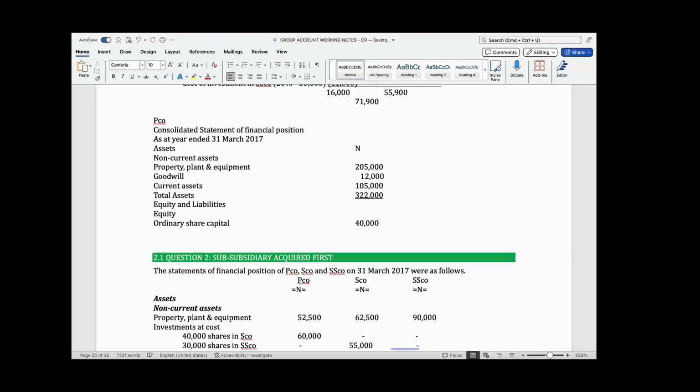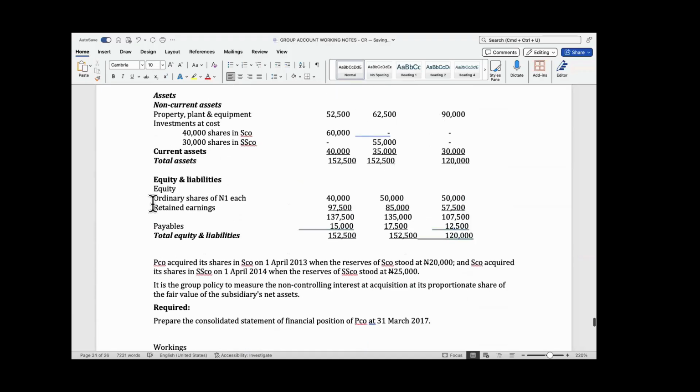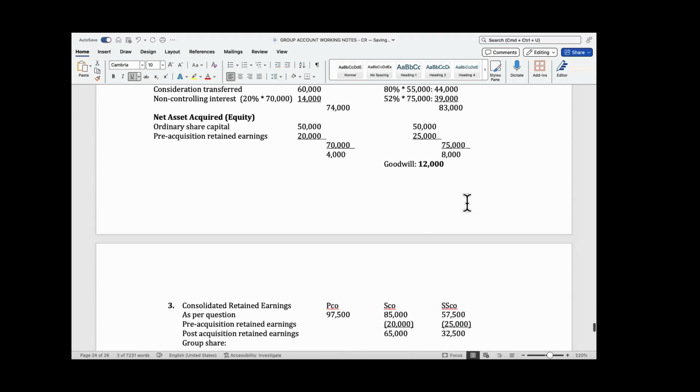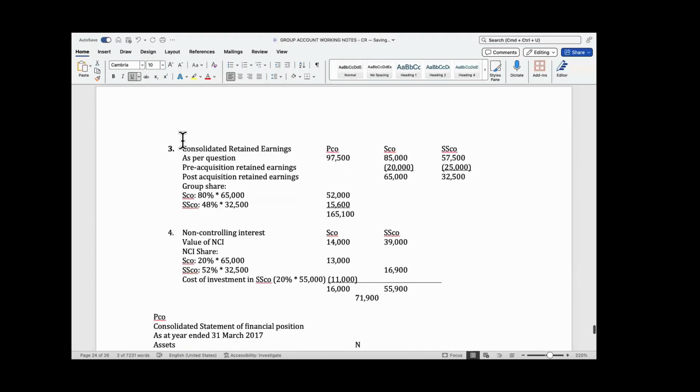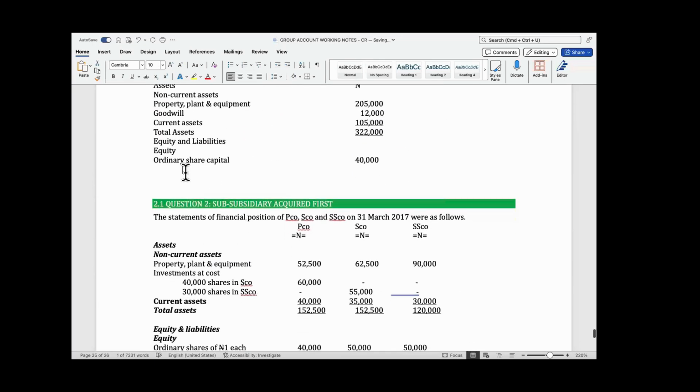Additionally, we have retained earnings here. We have already done workings for this, and my consolidated retained earnings from what I have here is 165,100.